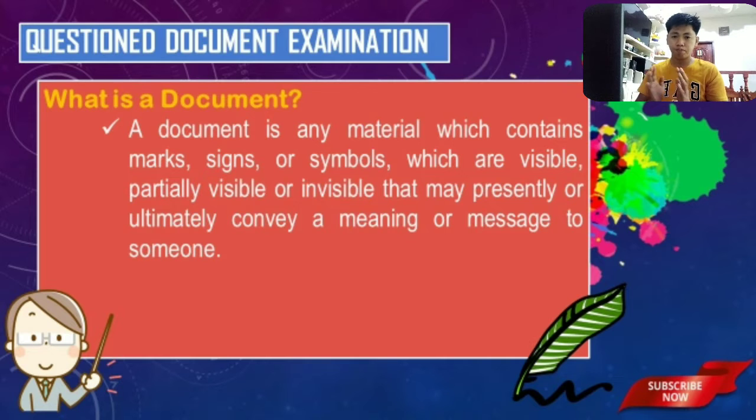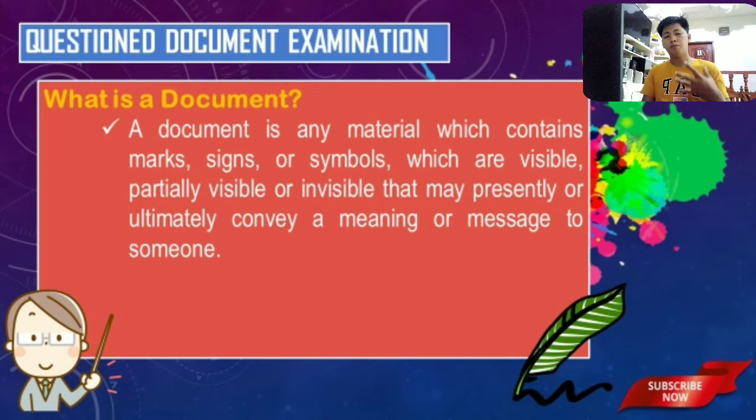So there are things that we should take into consideration when we are talking about a document. So it is a writing, and when we talk about writing, it's either a mark or a symbol or anything. Basta, it is a writing.